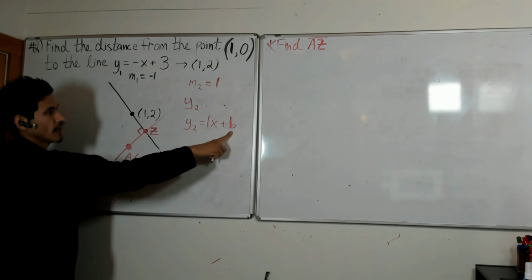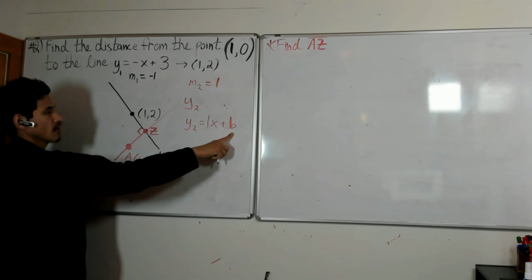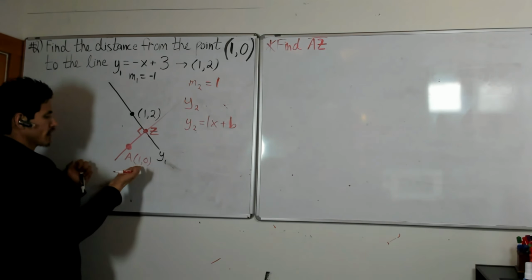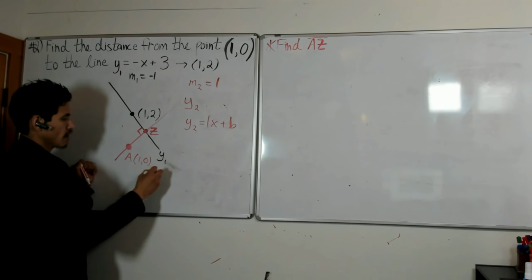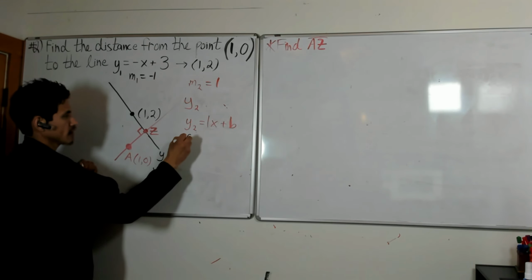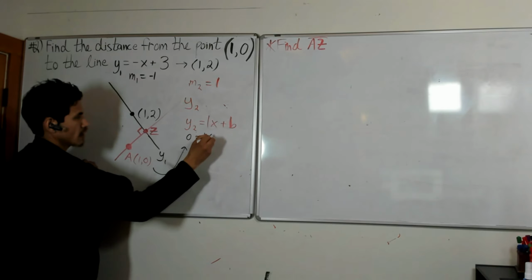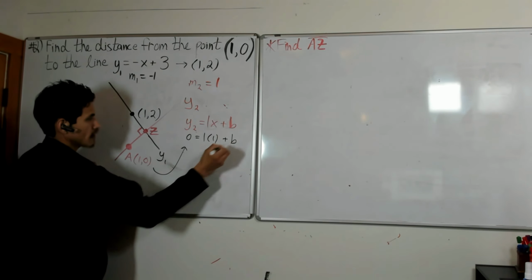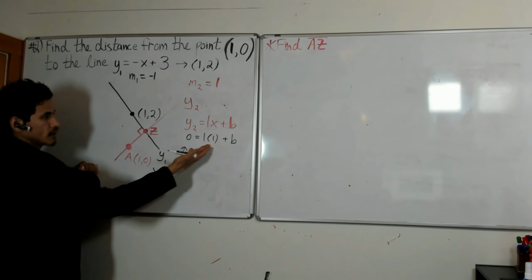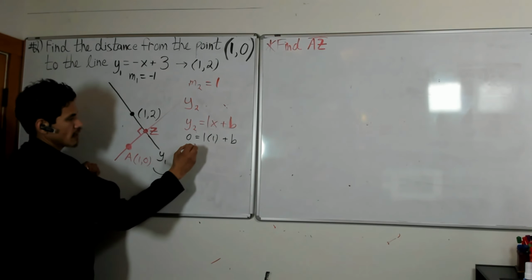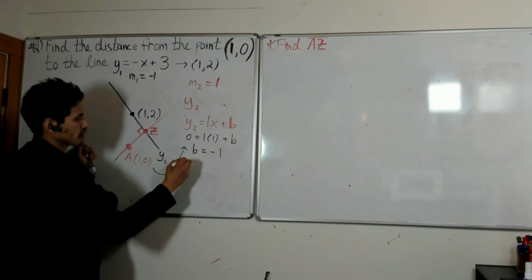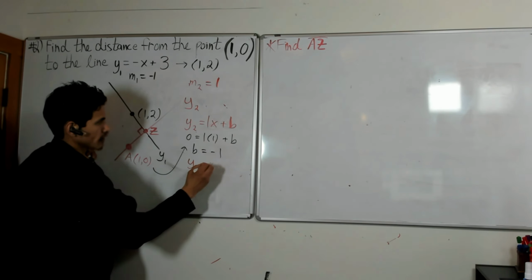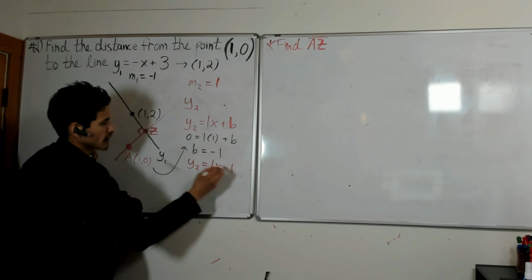We have to find the value of b by plugging this point into here. We plug in (1, 0), so we have 0 is equal to 1 times 1 plus b. Solving for b gives negative 1. That means our equation for y2 is y2 equals 1x minus 1.